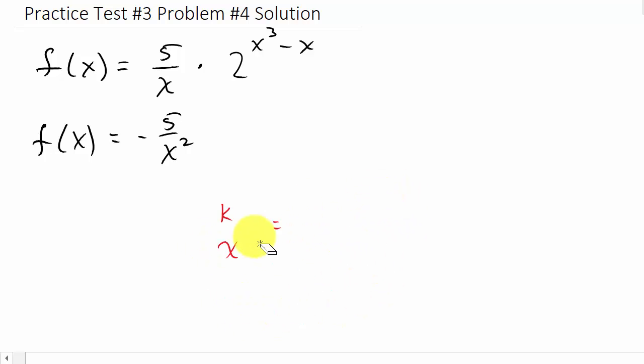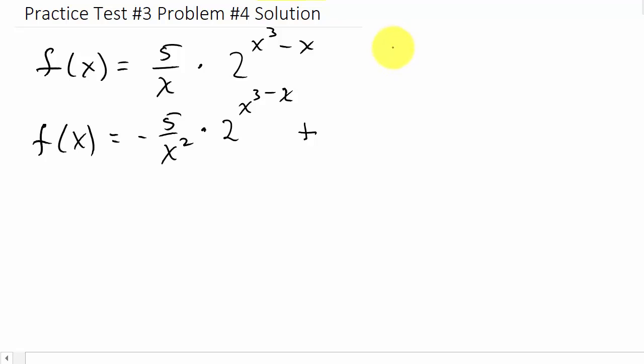Alright, now that's times the second function. So that's 2 to the x cubed minus x. Okay, so the derivative of the first function times the second function plus the derivative of the second function.